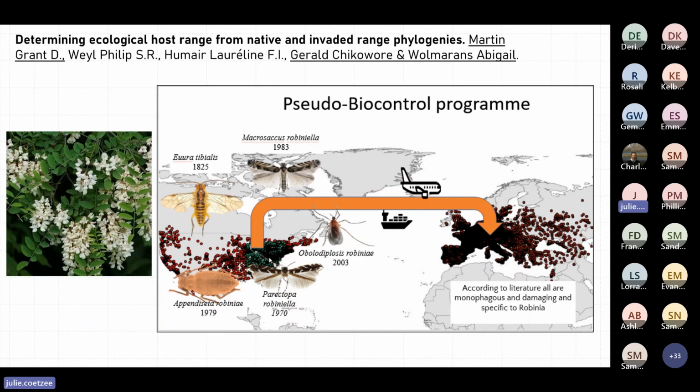It's spread outside of its native range throughout the US and throughout Europe. And we've almost got a natural laboratory here because many of the insects associated with it in the US are found in Europe. And so what Grant is proposing is that we look at this natural laboratory to select agents suitable for South Africa.